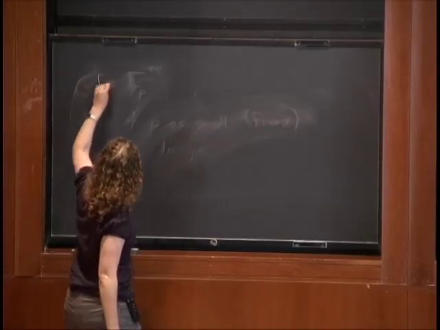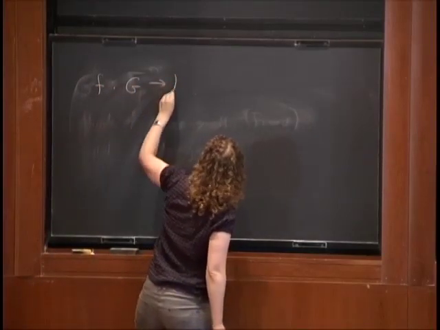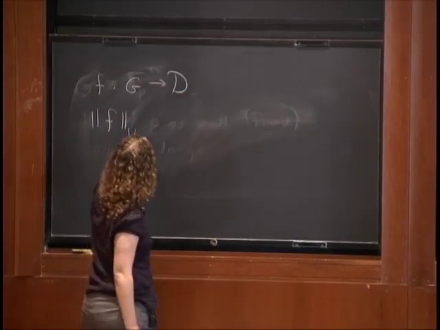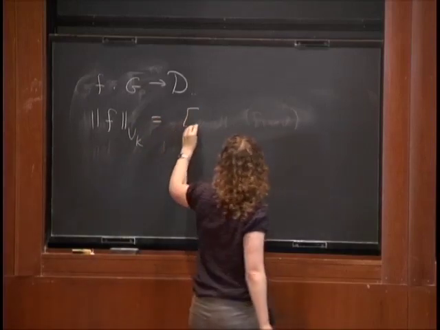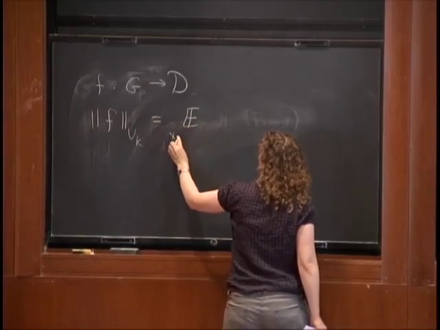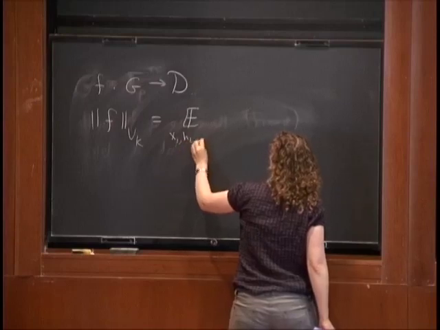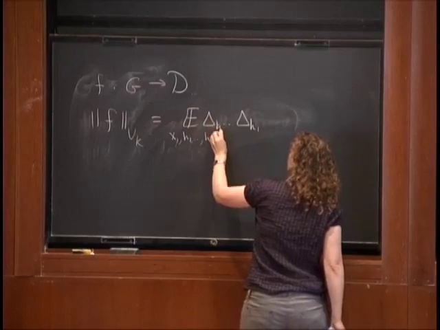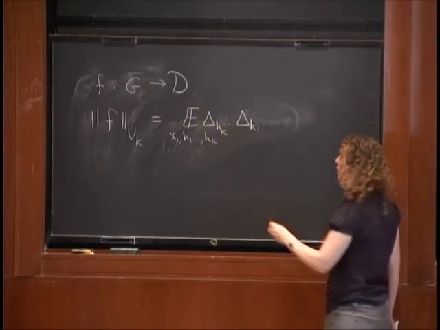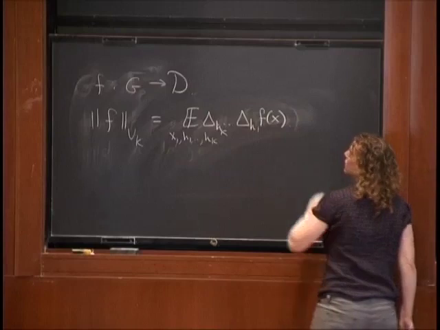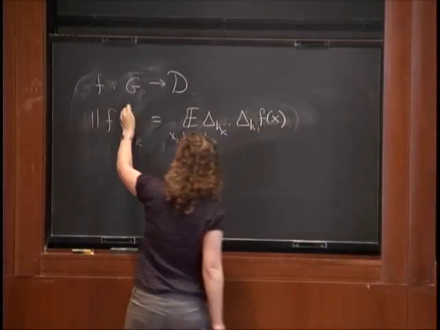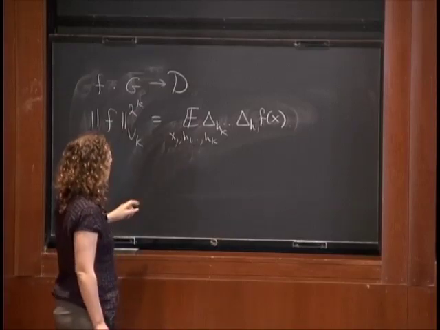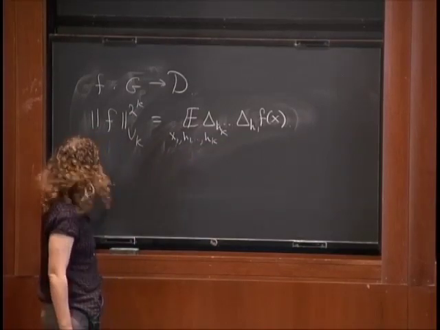If you have f from G to D, then we define the Gowers norm, the U^k norm of f, to be the average over x and h1 through hk of the discrete derivatives in directions h1 through hk of f of x, maybe with a 2 to the k. Just observe that this is the same as the definition we had before. This is averaging over cubes. Let's just check this for k equals 2.